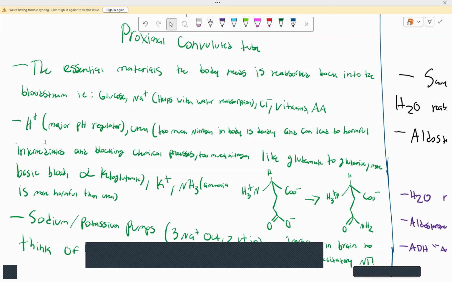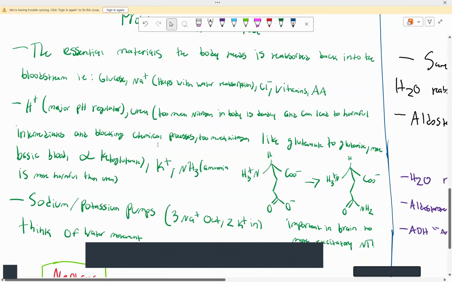Some of the examples that I have for blocking chemical processes: when you have excess glutamate, it's the same thing as with sugar. That's the main thing with diabetes, which can cause neuropathy, or dead nerves, because everything gets glycosylated when you have excess sugar.